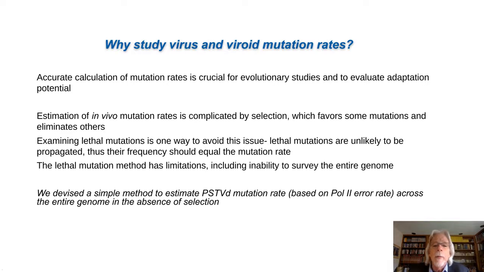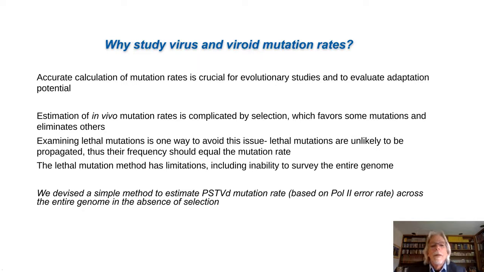Estimation of in vivo mutation rates is a tricky business, and it's complicated by selection, which of course favors some mutations and eliminates others. Now, one way investigators have got around this is by examining lethal mutations, because these are unlikely to be propagated, so their frequency should equal the mutation rate.